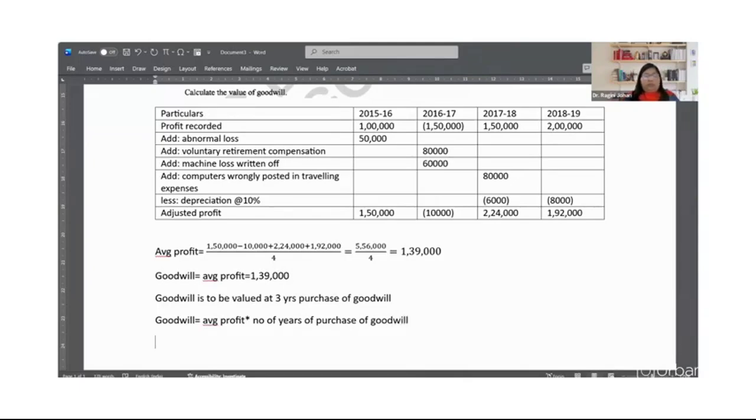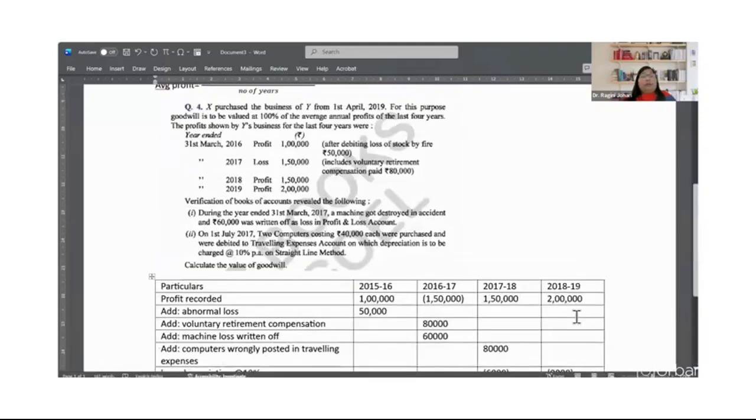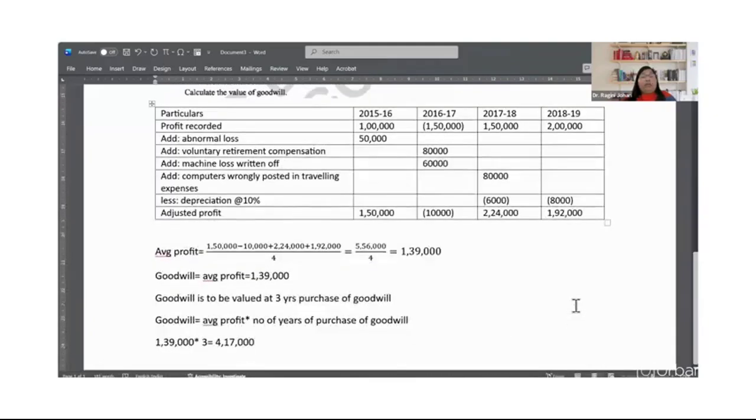So this would be 1,39,000 multiplied by 3. Answer would have been 4,17,000. Okay. This is how we calculate goodwill using average profit method.